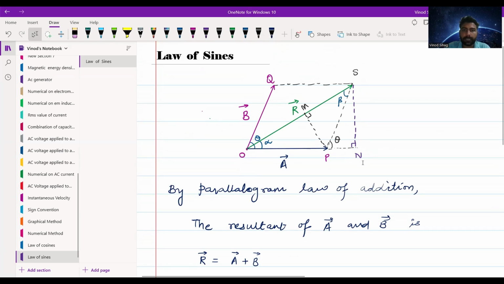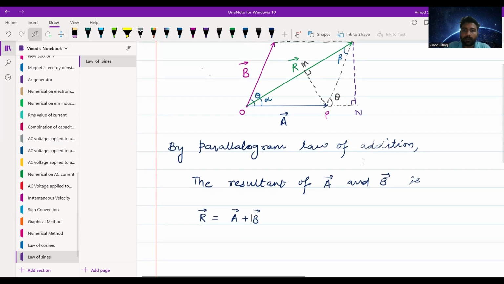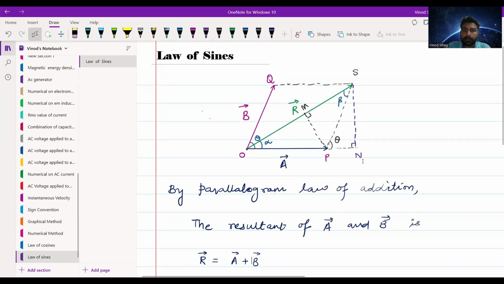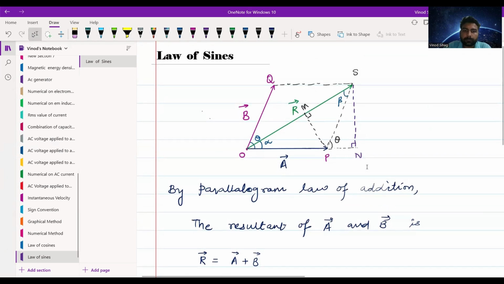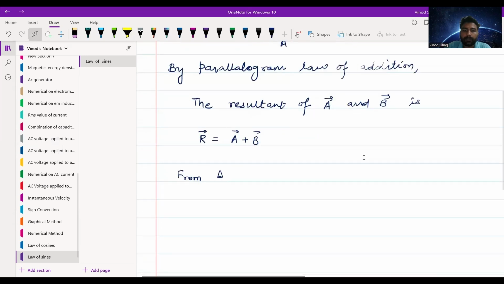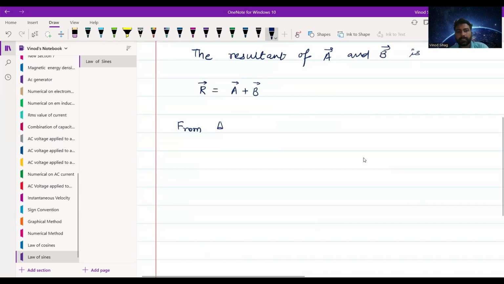Okay. Now from the triangle, let us take the triangle SNP.